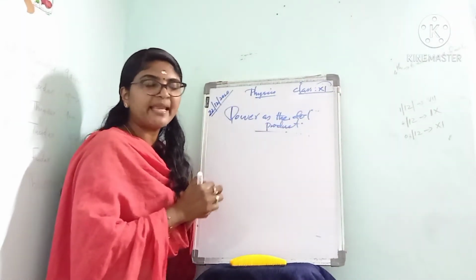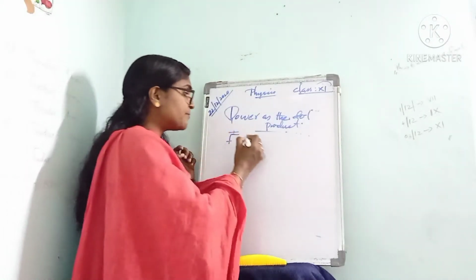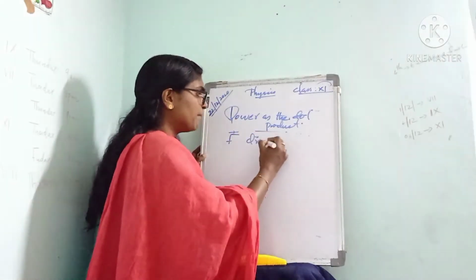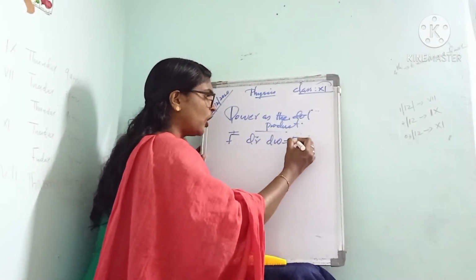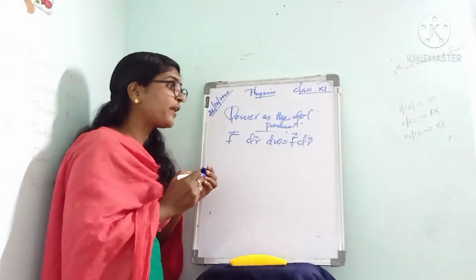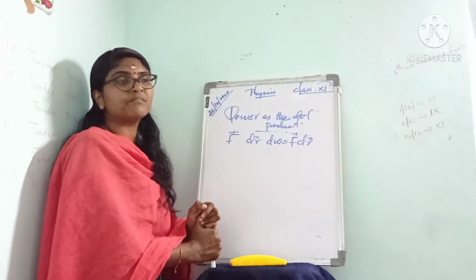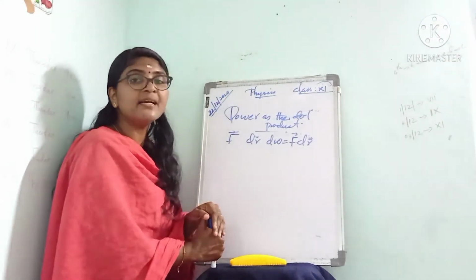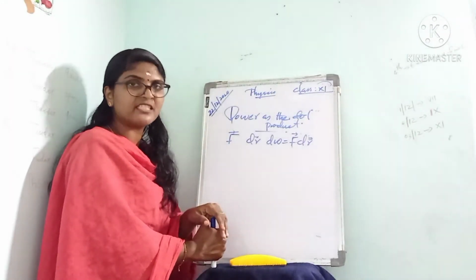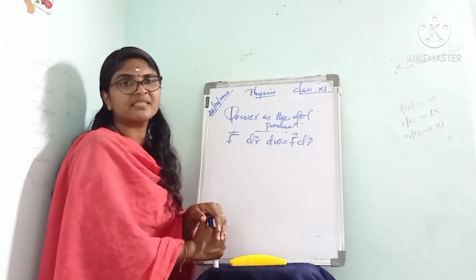You know, the work done by a force F for a small displacement dr is given by dW is equal to F dot dr. Work done can be expressed as the dot product of force and displacement. Here, let F be the force and dr be the displacement. Then the work done dW can be expressed as F dot dr.